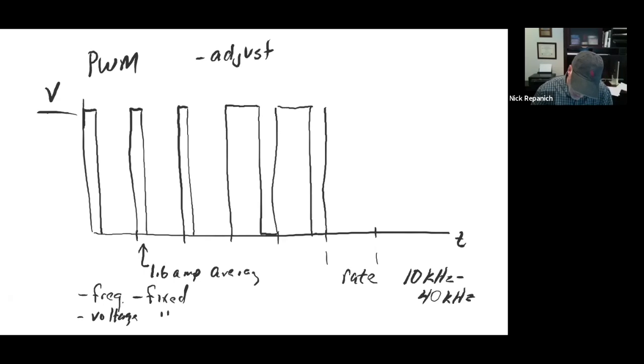That might be 3.6 amps, that duty cycle. You have control over that from your microcontroller.